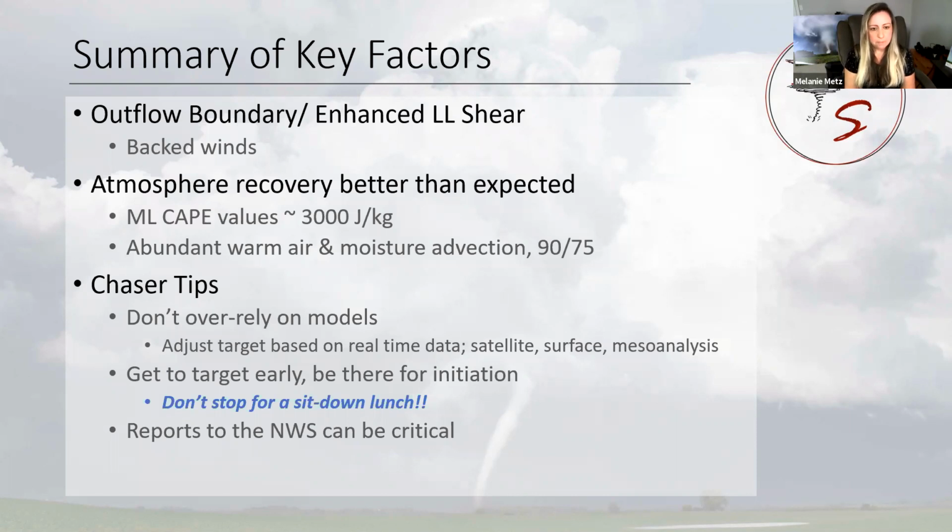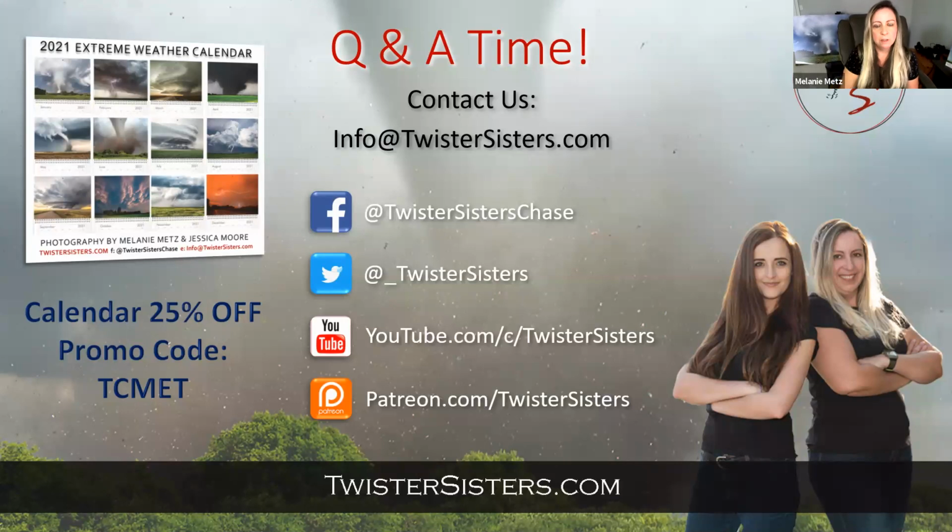So call in those reports when you see something, even if you're not completely positive. It's always good for them to know what you are looking at. You can take a Skywarn class if you're not familiar with what you should be calling in. But on this day, calling in those funnels was really important so they could get that tornado warning issued quickly.